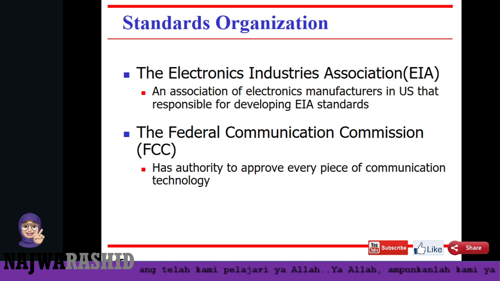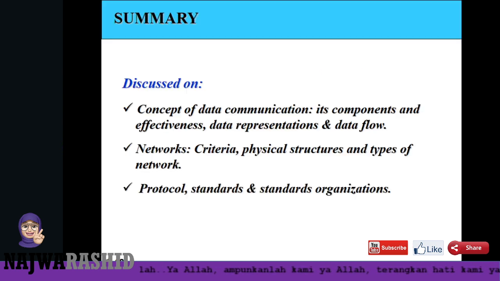So those are the roles of these standards organizations. So that's all for chapter 1. We already know the concept of data communications, what the components are, how the effectiveness of a data communication system can be measured, what the data flow is, and what data we can represent when we want to communicate.